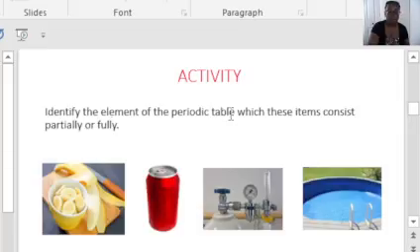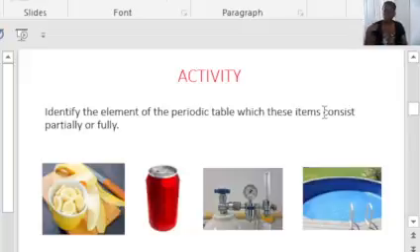So before we do though, here's a quick activity you can practice. You can pause the video to try based on what we just spoke about and your additional reading. Identify the elements of the periodic table which these items consist of, partially or fully. So you see a picture there of a banana, one of a soda can, a gas gauge, and then a pool.